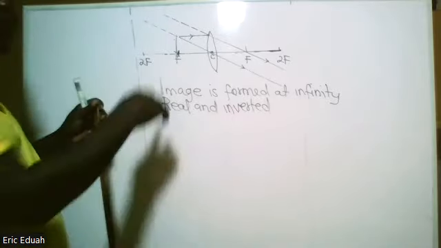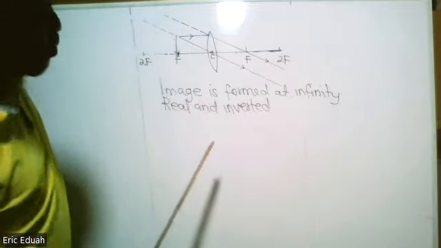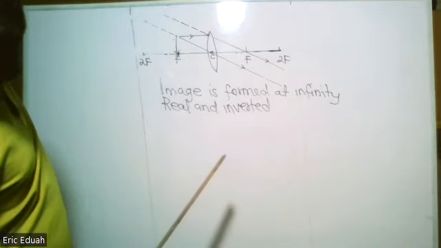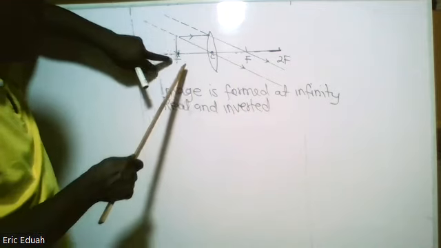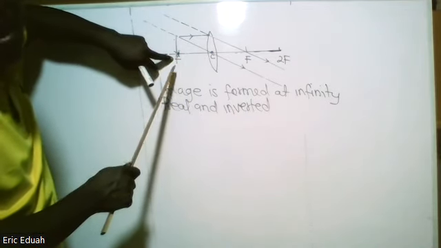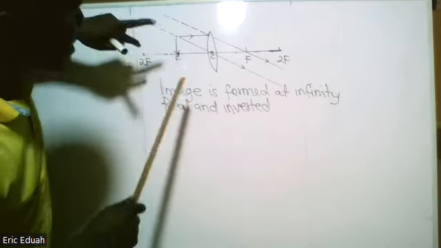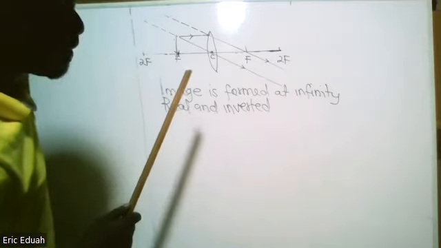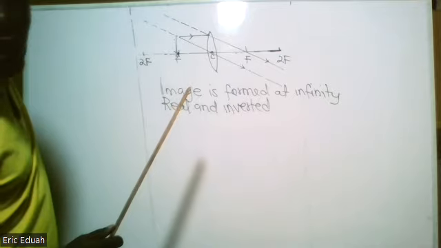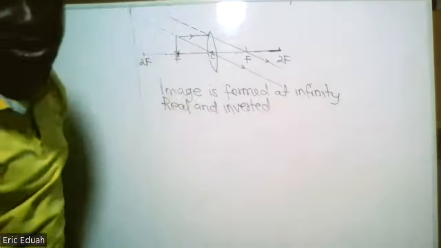So when you place an object at the principal focus, the image will be formed at infinity. The image of the star or moon is zoomed and brought to the principal focus of the objective lens of the telescope. In the same way, when you place it here, the image has to be formed over there. A real image, which is inverted, is always formed at infinity. That is the principle on which this operates.